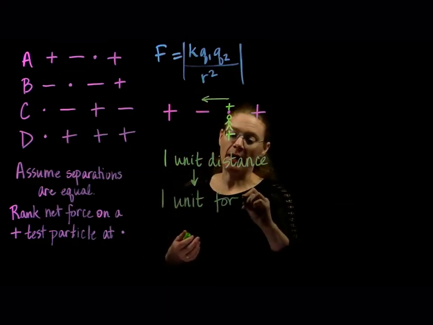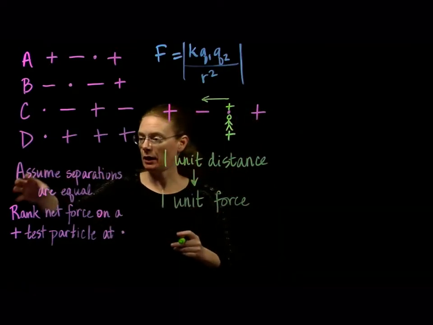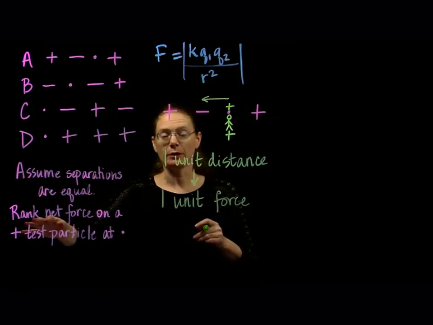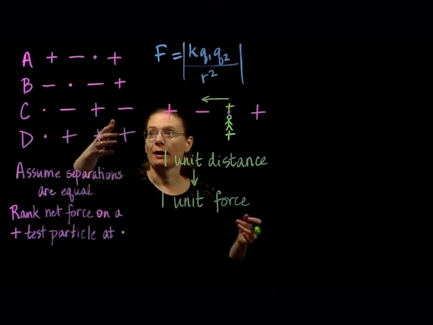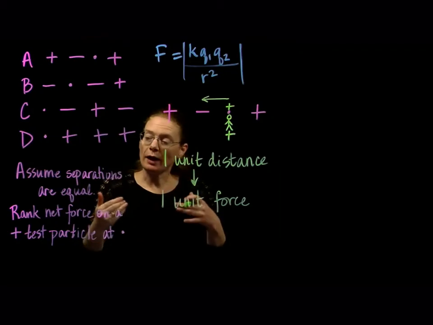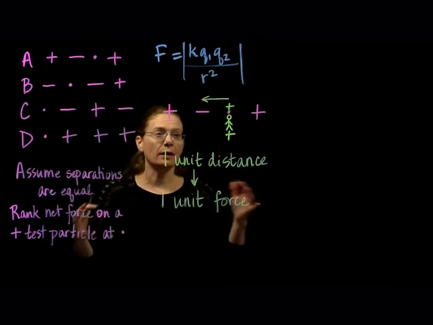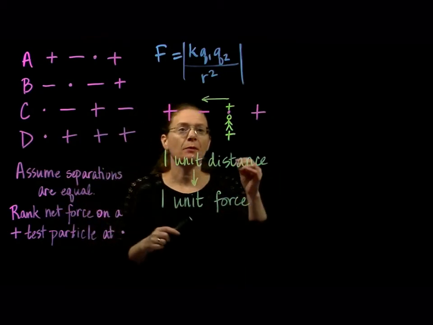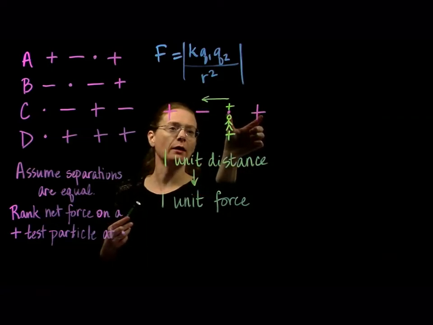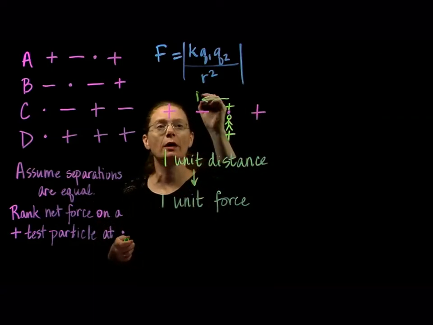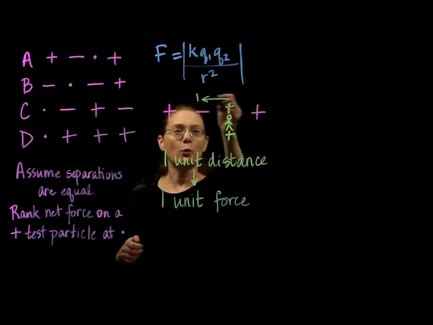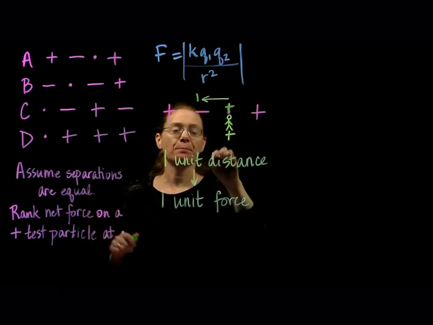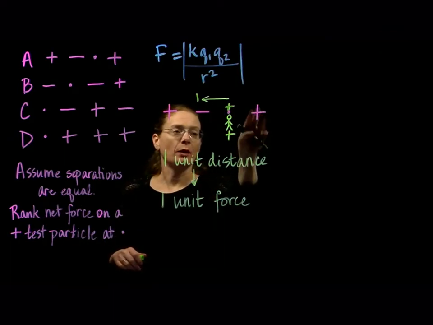We don't care what the actual number is because we're just ranking. We're not actually calculating the total force, because we would need to know the size of the charges and the distance between. We just want to be able to compare against other situations. So for 1 distance away, I'm going to call this a size 1 force. So right now, I'm feeling a push of 1 to the left. That's from this one. Okay, we've taken care of that one.